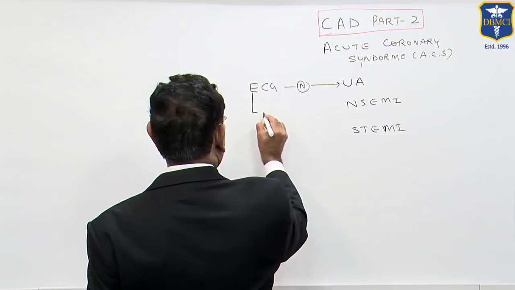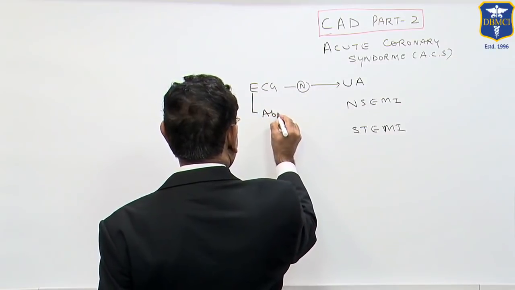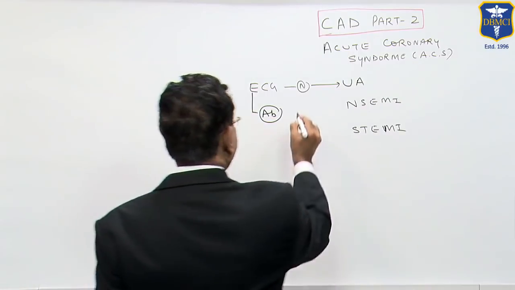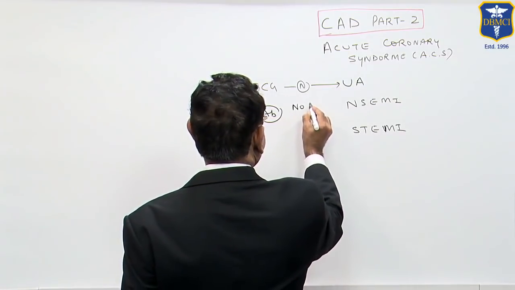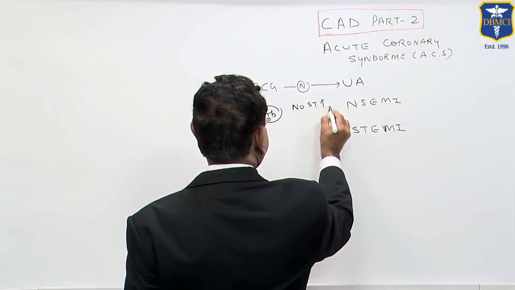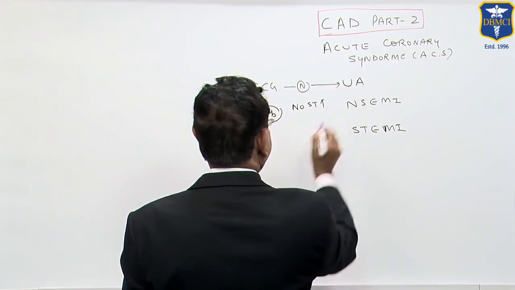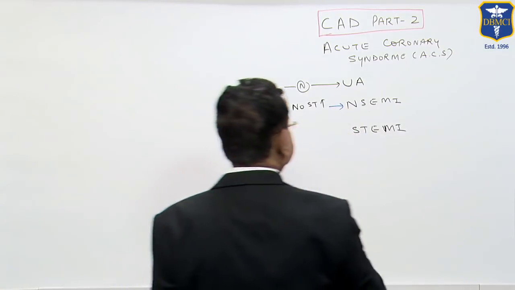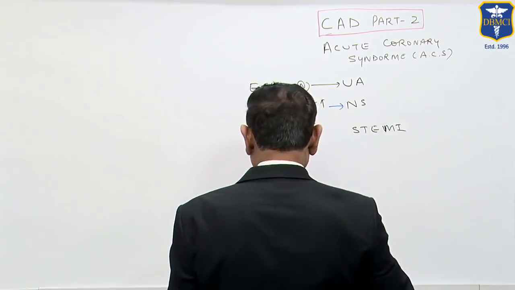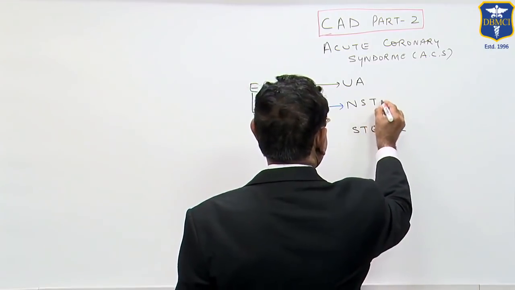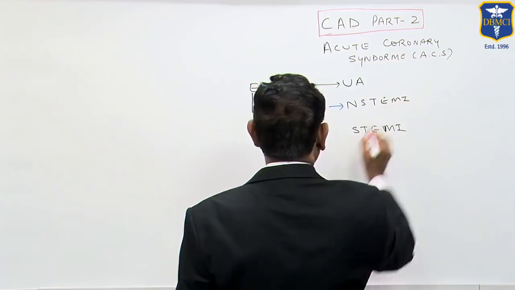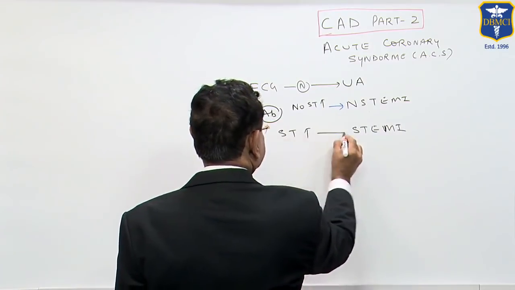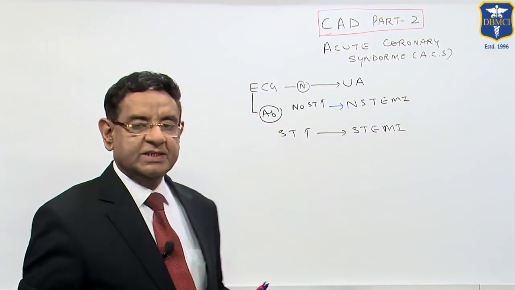If it is abnormal, but there is no ST elevation, this is non-STEMI, non-ST elevated MI, and if ST elevation is there, then we call it ST elevated MI.